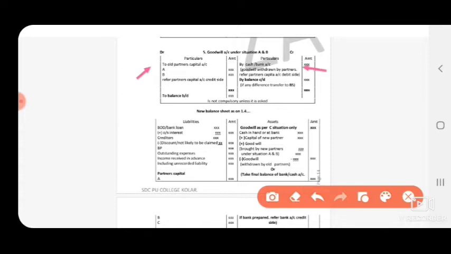And on the credit side, cash or bank account, that is goodwill withdrawn by the old partners. So better to prepare the cash or bank account after the partners capital account. I will show you in the above class, with the help of the board, how to pass the opposite entries. And next, after deducting, the balance carried down, the difference amount, is transferred to the balance sheet asset side.